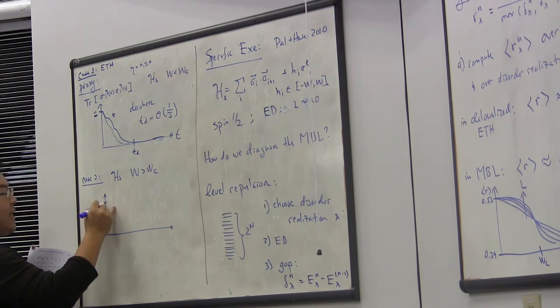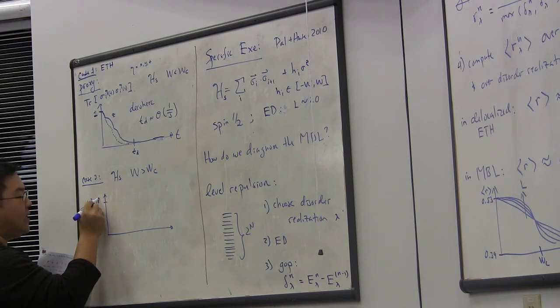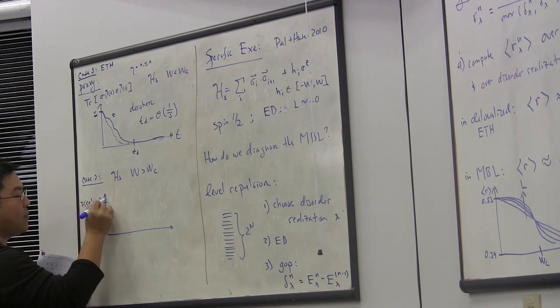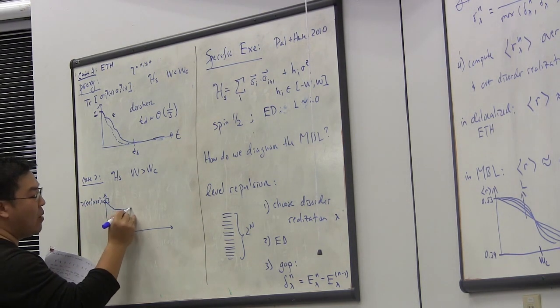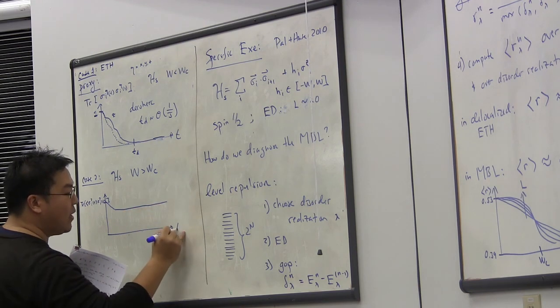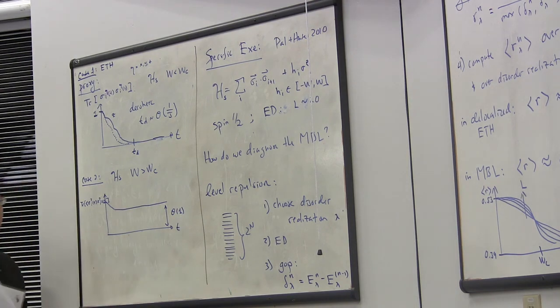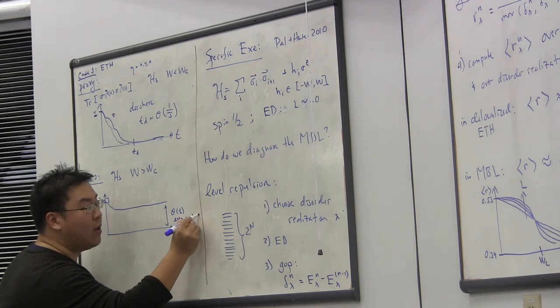The ZZ correlation function, sigma Zi of t, sigma Zi of 0, just take the trace of this, looks like it'll initially have some decay, but ultimately will saturate at some finite value that's order 1, even as the system size L goes to infinity.